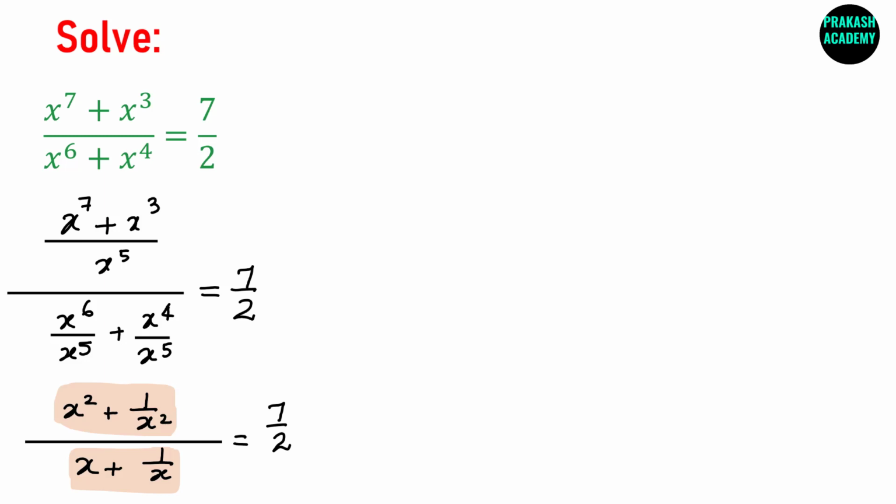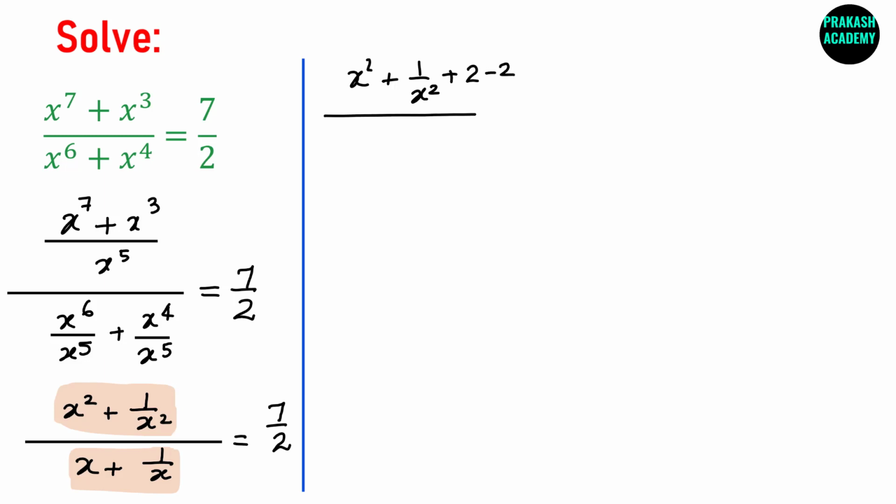To understand that, let us first add plus 2 and minus 2 in the numerator. So I have x square plus 1 by x square, plus 2 minus 2, and in the denominator x plus 1 by x, equal to 7 by 2.